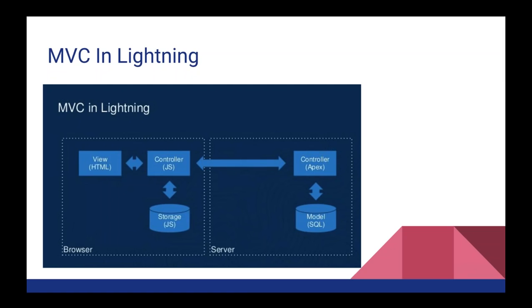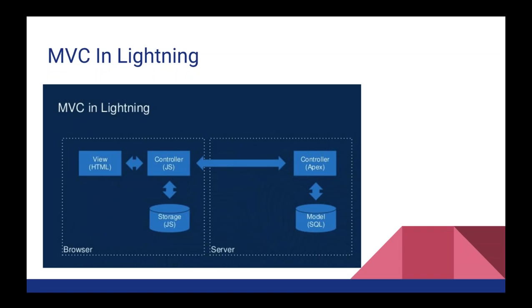So we have a view which is our component HTML, and then we will have our controller, which will be our JS bundle, which will have a helper and a JS, and I'll demonstrate to you as we go along. And the storage, right? The controller itself can cache data. The client-side controller, like you don't have to go back and forth with the server.